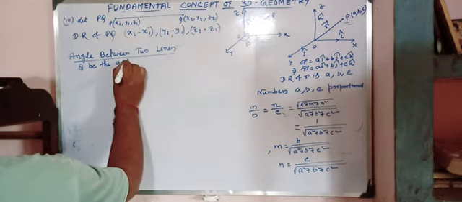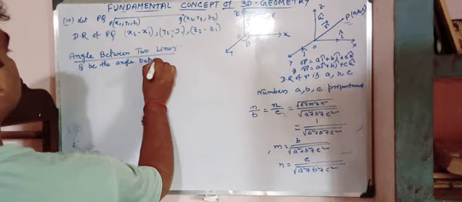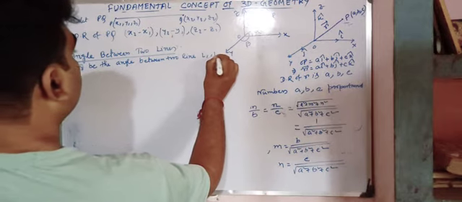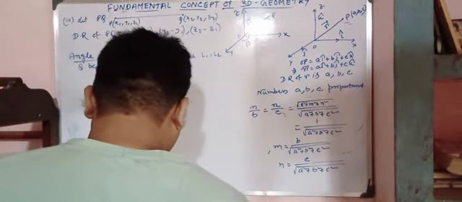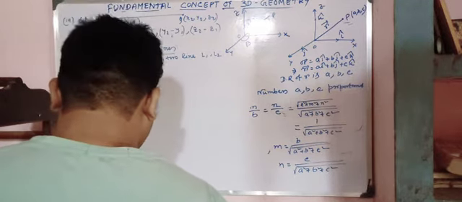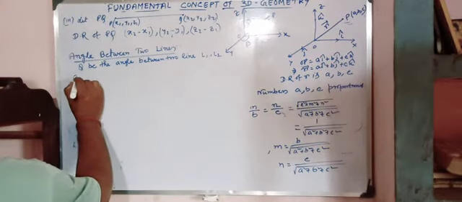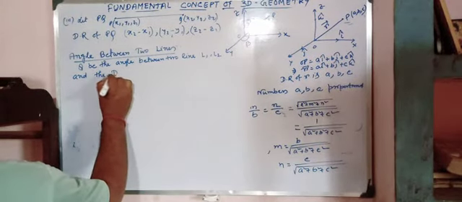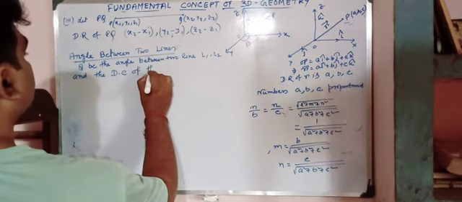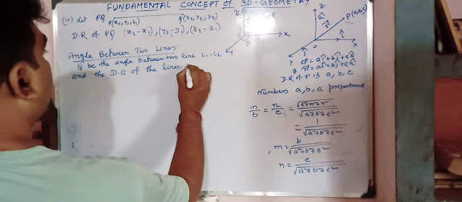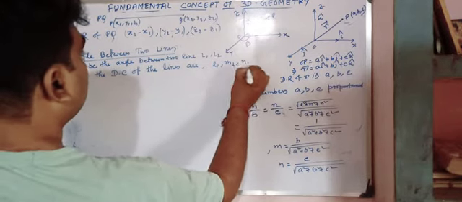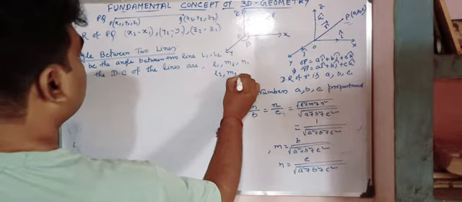And the direction cosines of the lines are small l1, m1, n1 and l2, m2, n2.